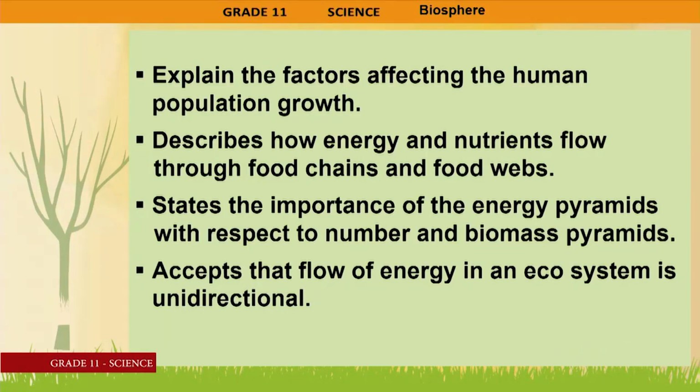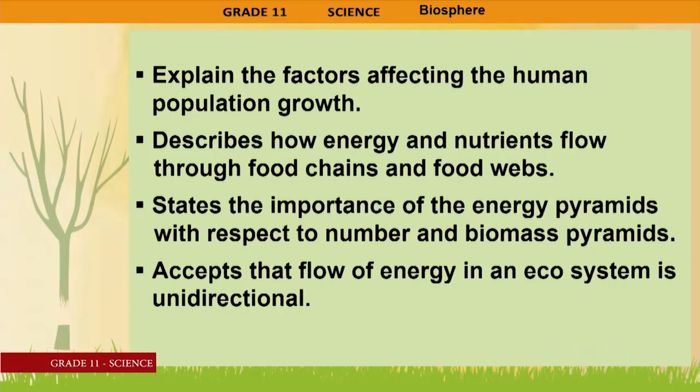The next one, describe how energy and nutrition flow through food chains and food webs. You have already learned about food chains and food webs in other grades, but we are going to learn about them in somewhat more detail in this unit. States the importance of the energy pyramids with respect to number and biomass pyramids. This is going to be something new to you.